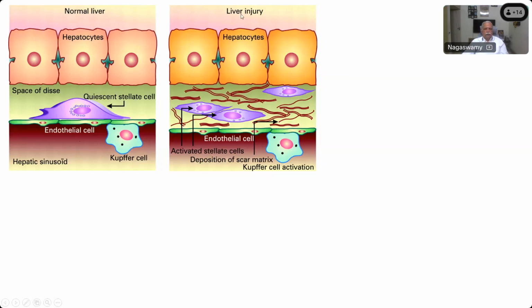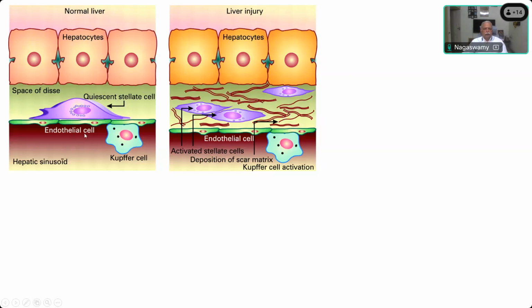But once the patient develops a liver injury due to either alcohol or viral infections or nutritional, for any reason, if they have a tendency to develop cirrhosis, what happens? These quiet stellate cells get activated and they multiply and they produce a lot of collagen here in the space of Disse.